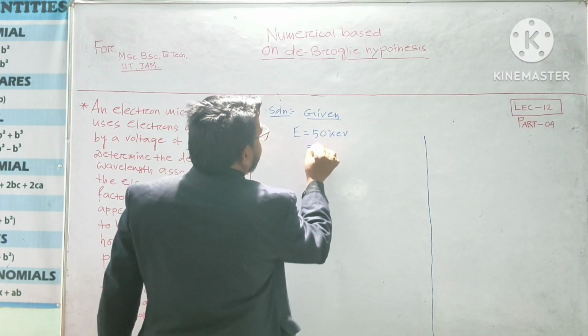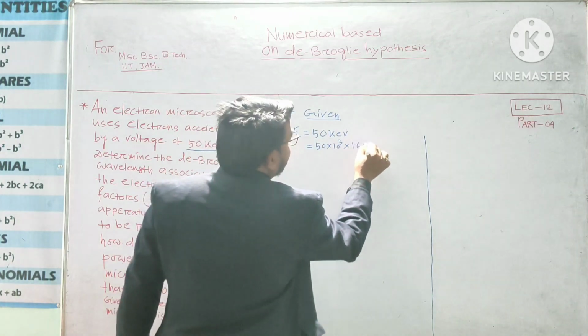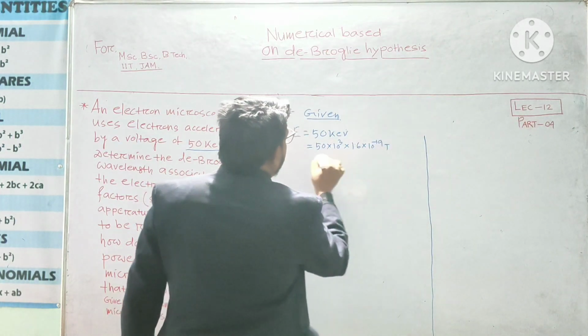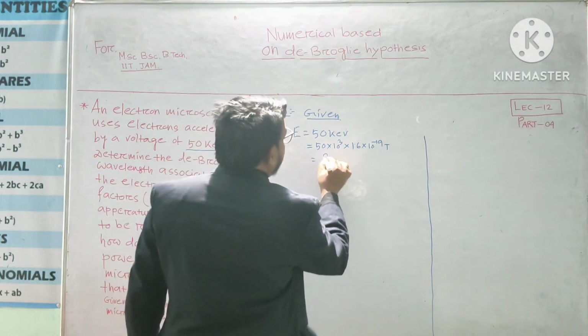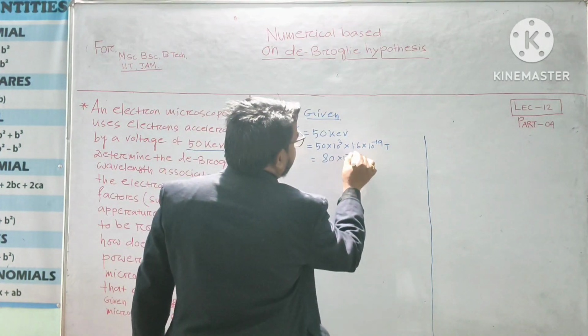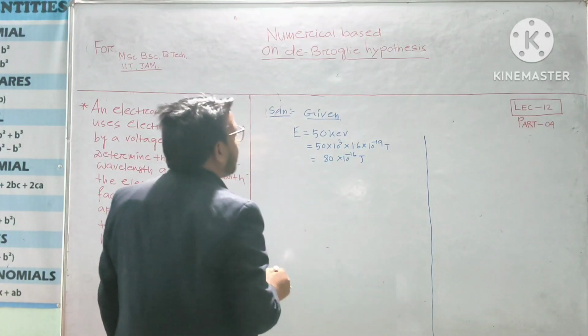We know that 1 kilo means 10 cube, and 1 electron volt equals 1.6 into 10 to the minus 19 joule, and this is equal to 80 into 10 to the power minus 16 joule.